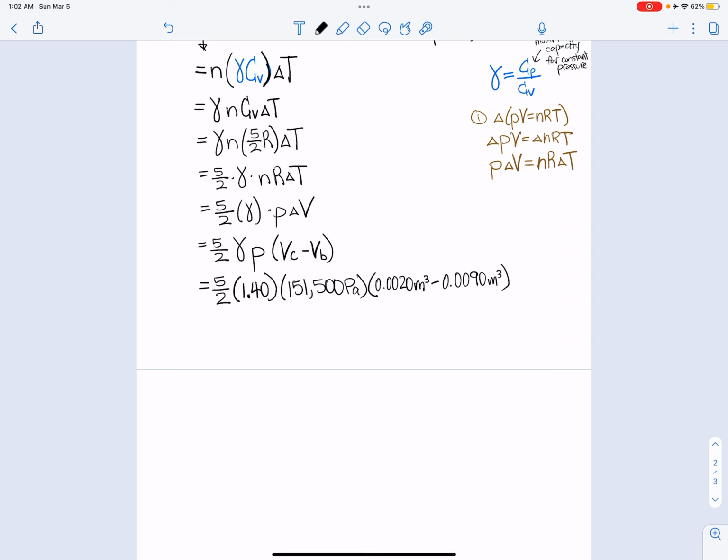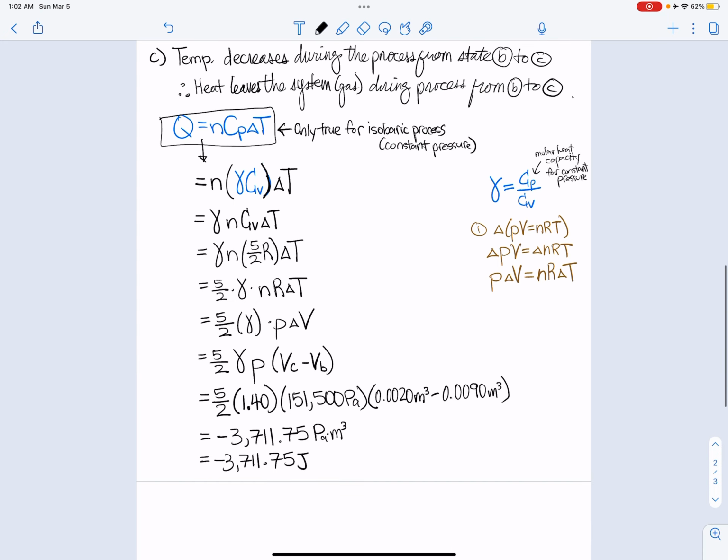All right, and if I plug that in my calculator, I would get negative 3,711.75 pascal times cubic meters, okay? And if you multiply these two units, you get joules. So you get minus 3,711.75 joules as your Q from B to C, right?